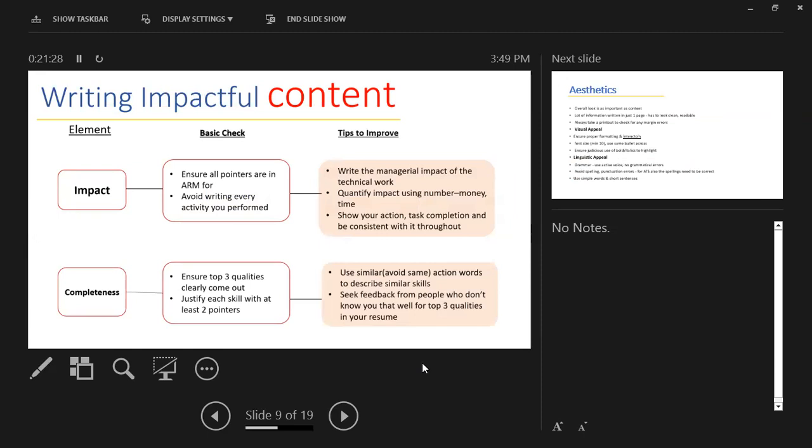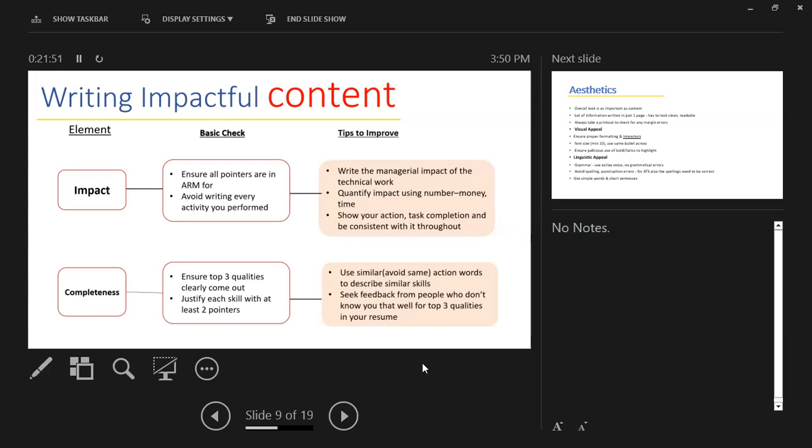On completeness, ensure the top 3 qualities clearly come out. Justify each skill with at least 2 pointers. For example, if you are talking about the responsibilities under each and every company, you should write at least 2 or 3 sentences. Use similar action words to describe similar skills.